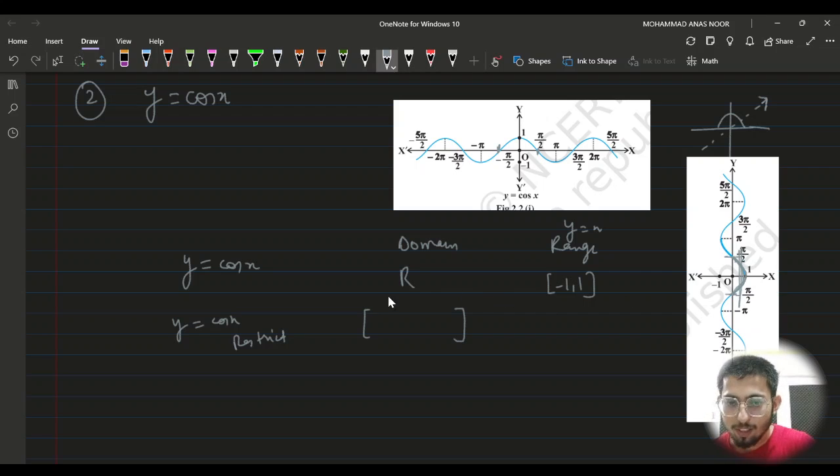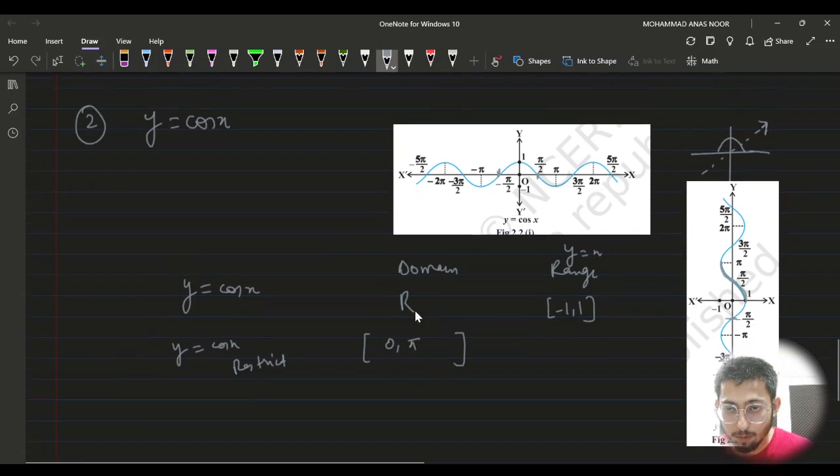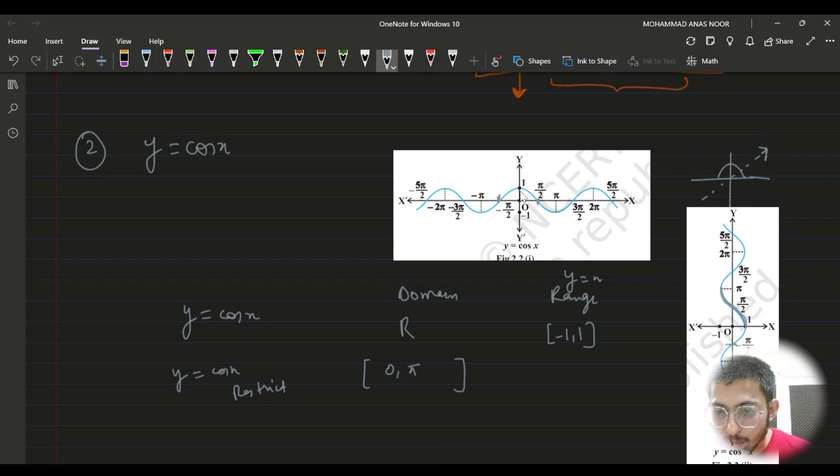So that's why we don't take the same restricted domain as that of the sine function. What we will do instead is take 0 to pi. We will restrict it from 0 to pi. So from 0 to pi, this, right?